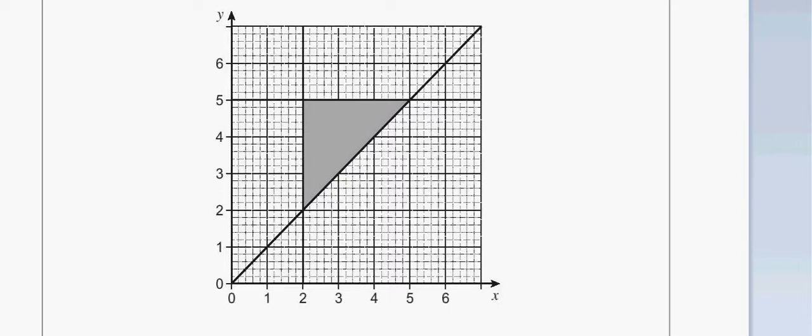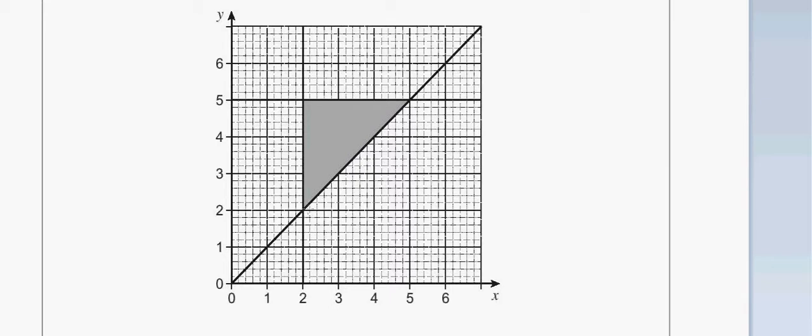Okay, so I always start with the easy stuff first. So all of these lines are solid. If you go back to my inequalities recording, you'll see about solid and dotted lines. So all of these lines are solid, so I know they're less than or equal to, or greater than or equal to.